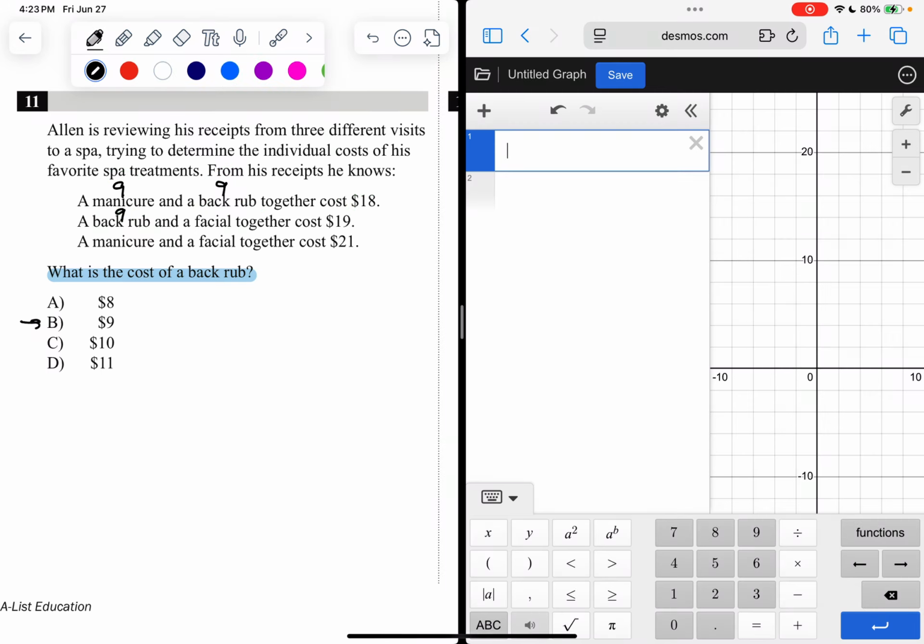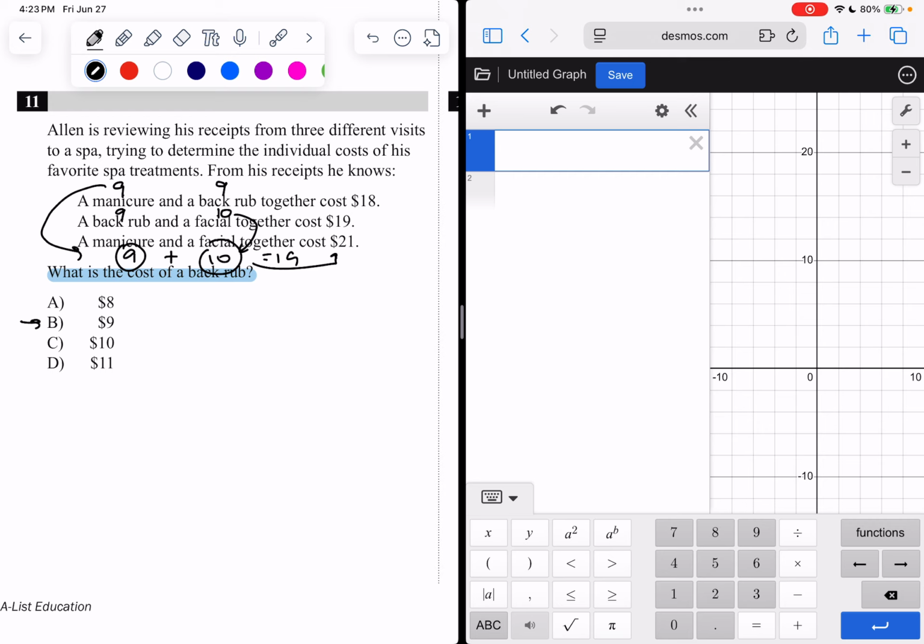Now, if my back rub is 9 and my facial along with it is 19, I'll have to have a $10 facial to go with my $9 back rub to make it total 19. Now, we'll remember the manicure was 9 and the facial was 10. Together, they're supposed to be 21. Does that work out? Well, no, because if I add 9 and 10 together, it gives me 19, not 21.